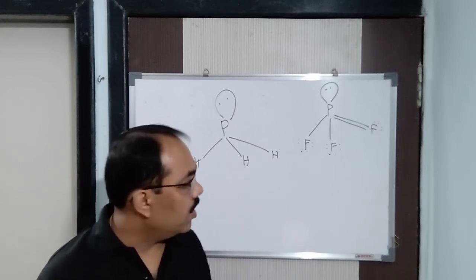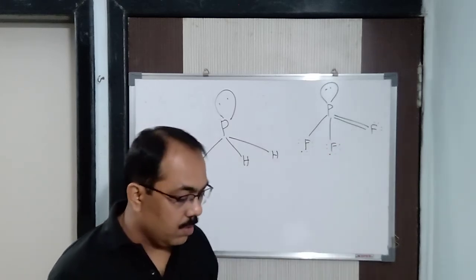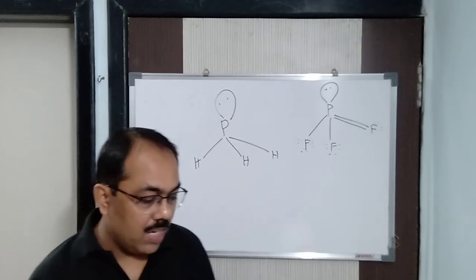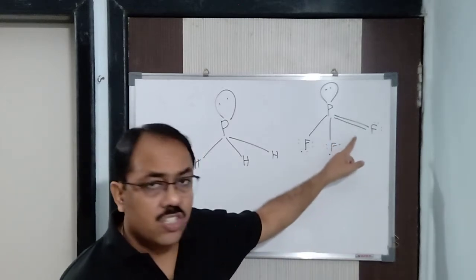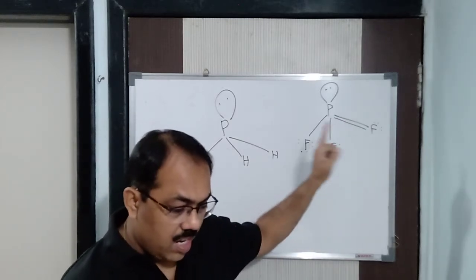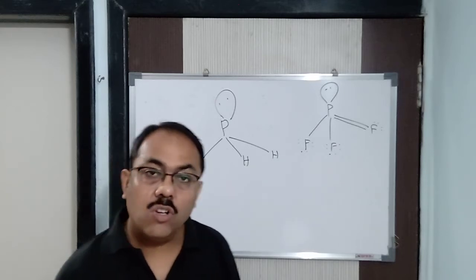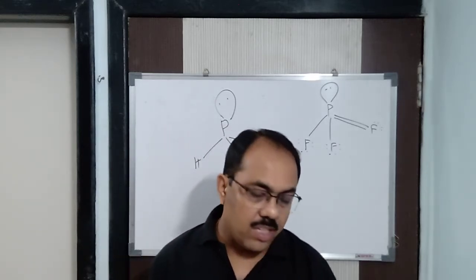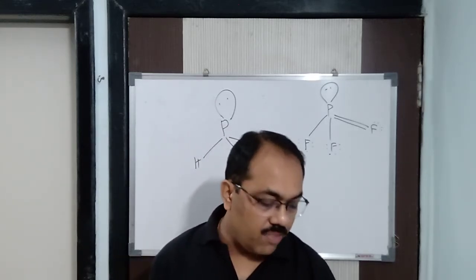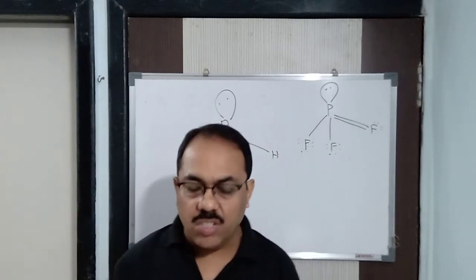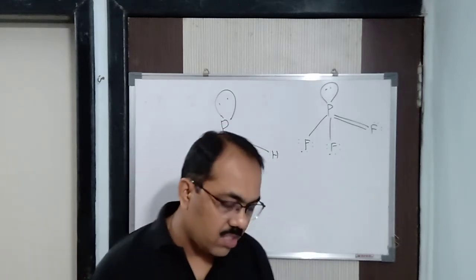So in PF3, due to resonance, it has double bond character. As a result, the repulsion between the PF bonds is large, and hence the bond angle is also large. But there is no such case in PH3.